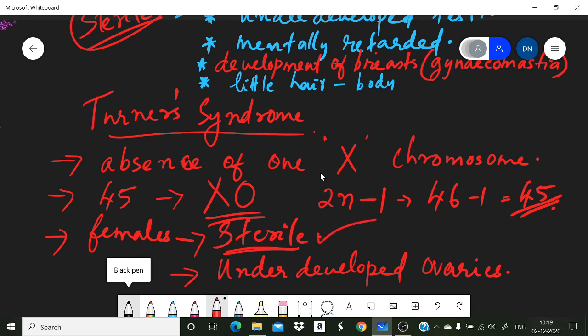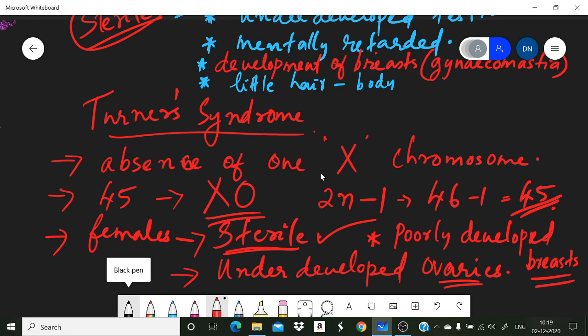They have very poorly developed breasts or mammary glands. Ovaries are underdeveloped, and breasts are also underdeveloped.